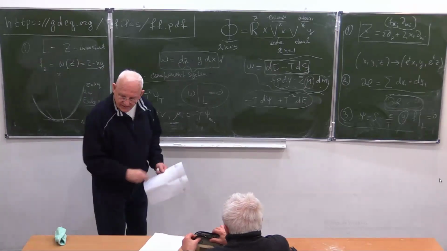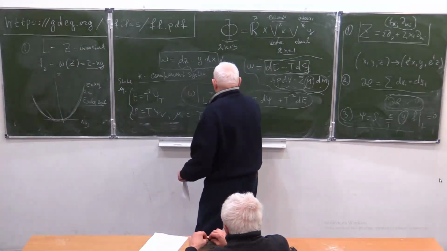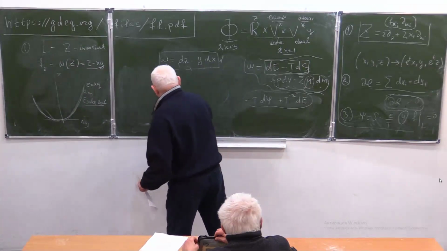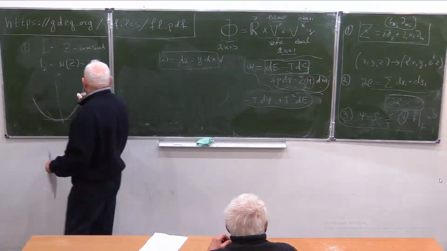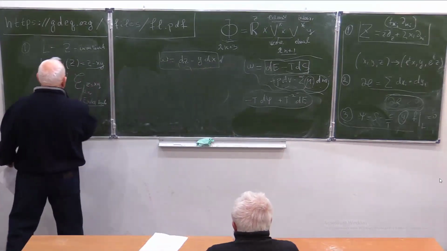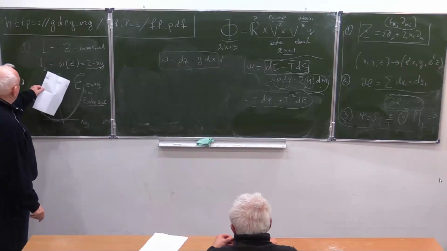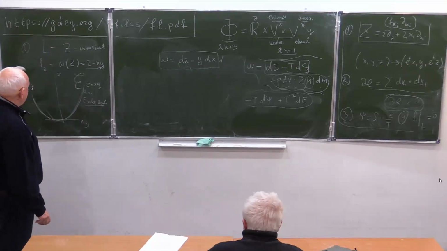So let's do it in the following way. This is our equation, so let's call this the Euler equation. To write the quotient by Z, I should simply write the invariance of this.